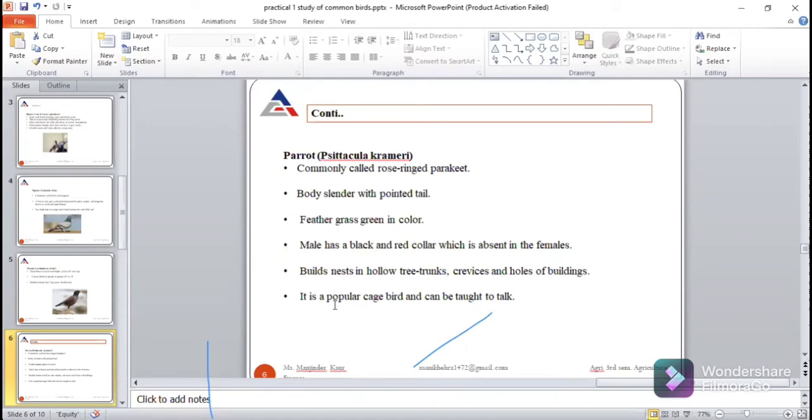The male has a black and red ring, while there is no black and red color present in the females. They build nests in hollow tree trunks and the holes of buildings. It is a popular cage bird, and they can talk with us.